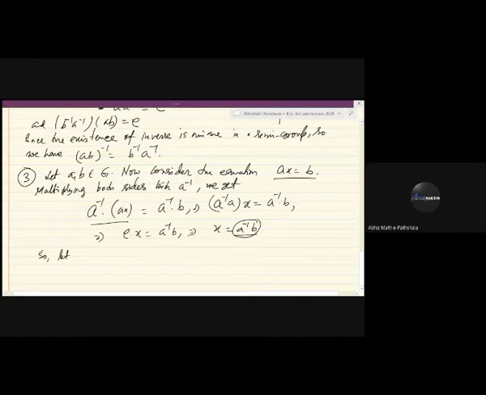Let us suppose you have two solutions of this equation. Say one is x1 and another one is x2.